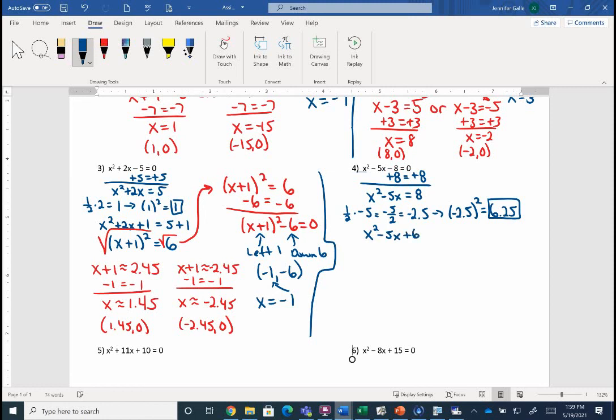We need to add 6.25 on the left. And to keep things balanced, we also need to add it on the right side. Making my binomial on the left side, we're going to have x, and then it's just our half of b, so negative 2.5, squared. And then on the right side, I'm going to have 14.25.